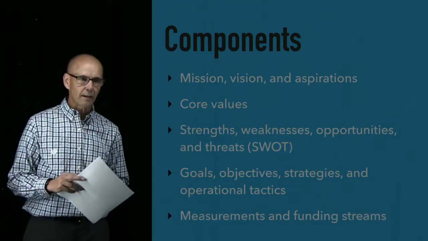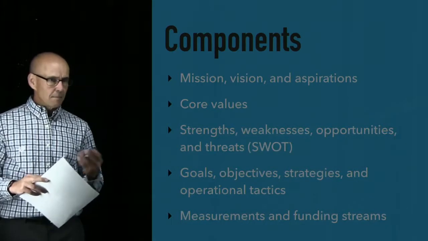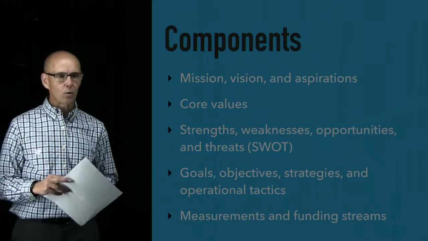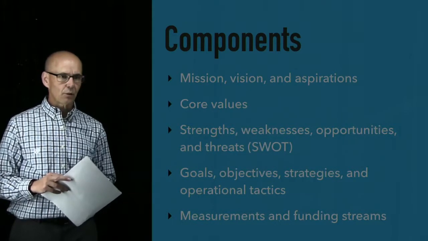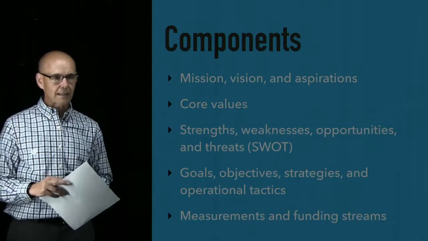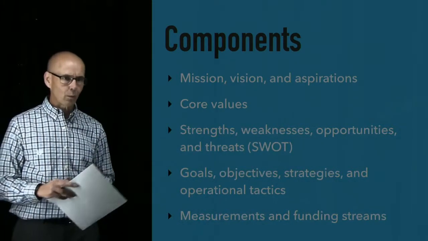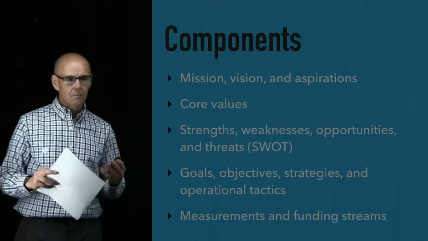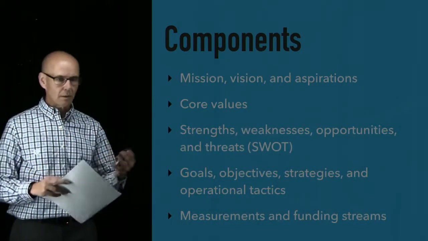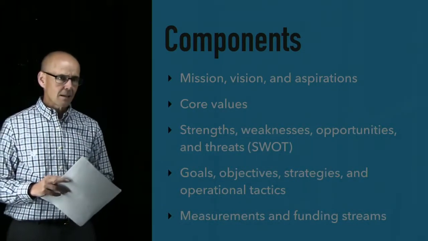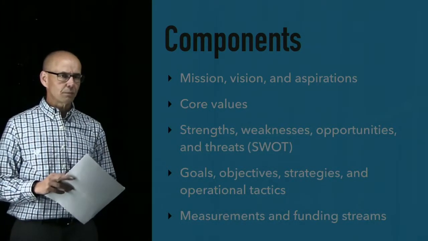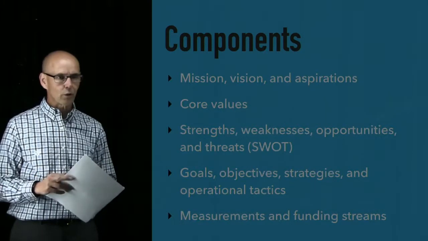I'm sure you've heard of that. And then the next step typically is setting goals and objectives, strategies, and getting down to the nitty-gritty of operational tactics. Who's going to do what by when. And then most plans have some form of assessment measuring the effectiveness of that plan, and is also tied to how those strategic goals and objectives are going to be funded.